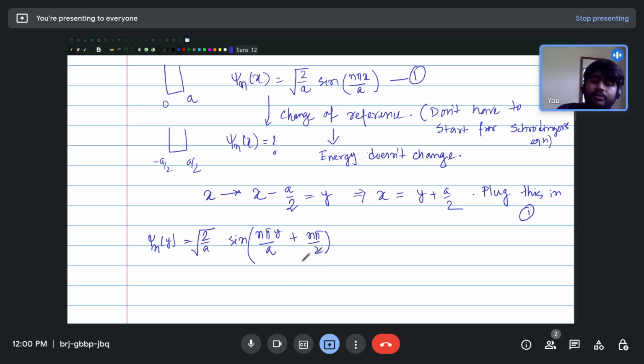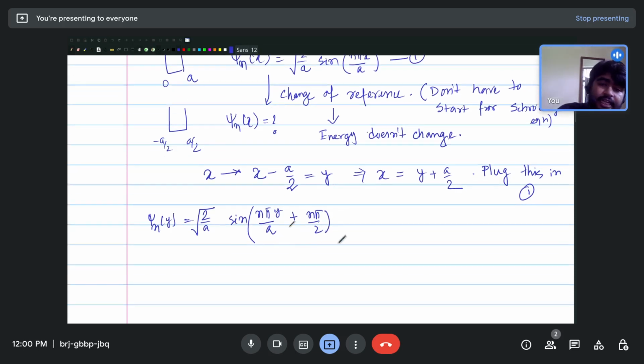We can use the law of sine a plus b and break this apart. So this becomes sine n pi y by a cos n pi by 2 plus cos n pi y by a sine n pi by 2.